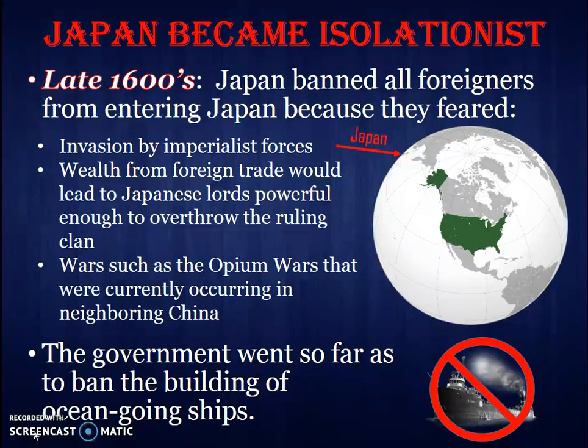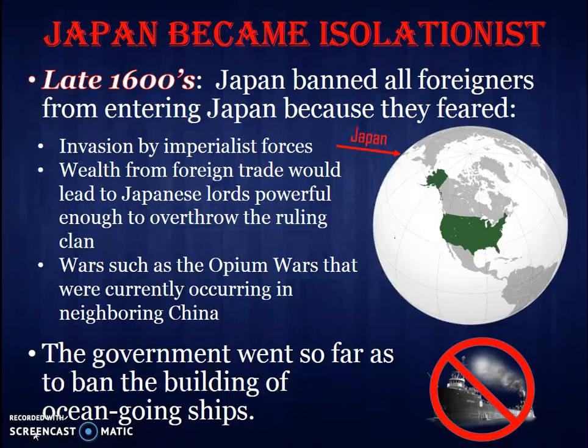For one, the government went so far as to ban the building of ocean-going vessels so that the Japanese would not be able to interact with other countries without the government's permission. They also prohibited the Japanese from leaving without permission, and if they were caught doing so and then returned to Japan, they would actually be killed as punishment.